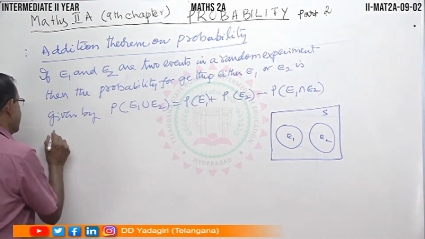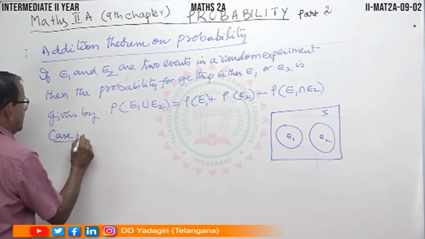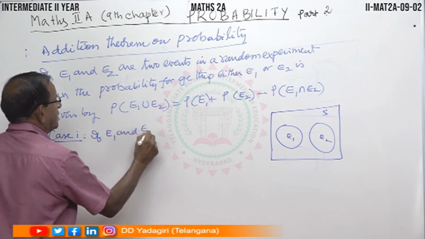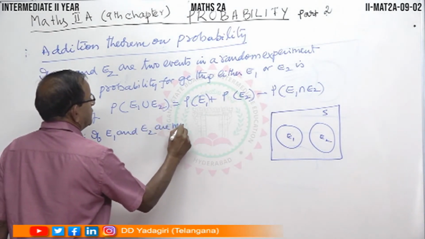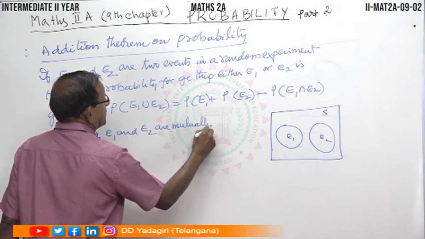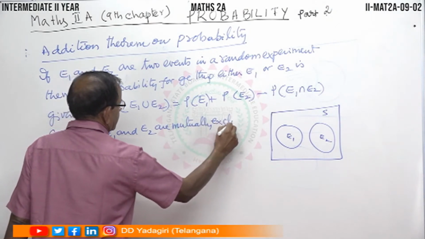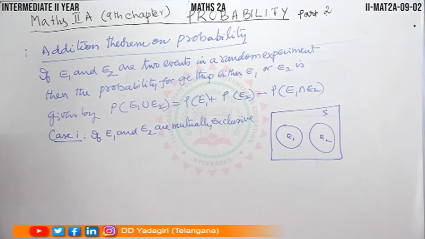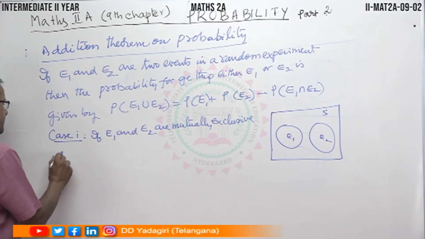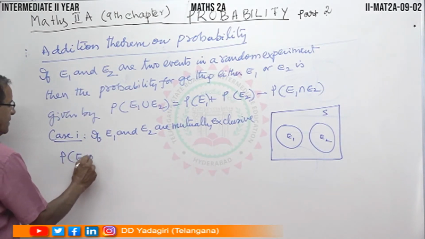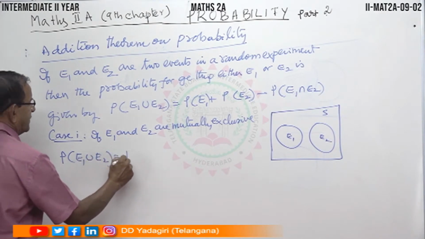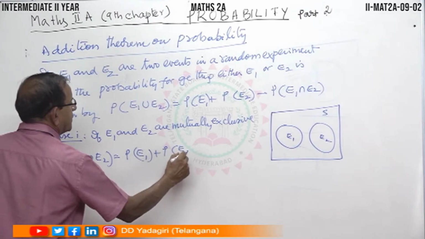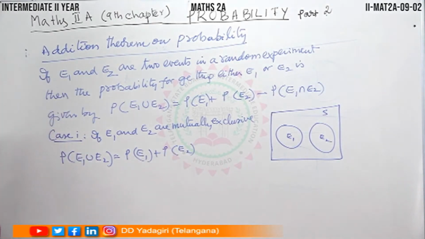Now, case 1. If E1 and E2 are mutually exclusive, then what is P of E1 union E2? We know that it is equal to P of E1 plus P of E2, as they are mutually exclusive.